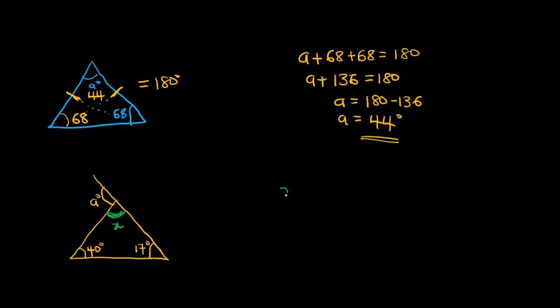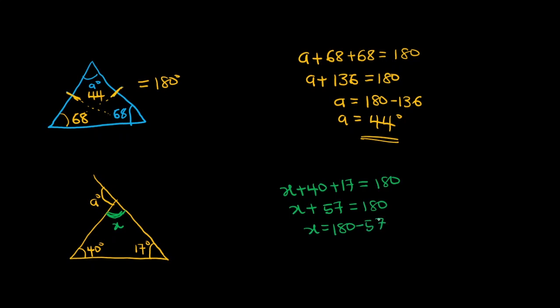So it means that X plus 40 plus 17 is equal to 180 degrees. As usual, we add our 40 and 17. This will give me 57, and this is equal to 180. So my X will be equal to 180 minus 57.